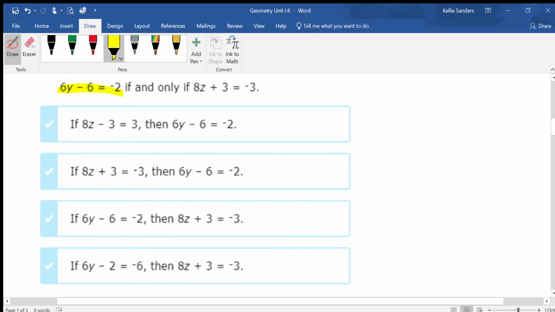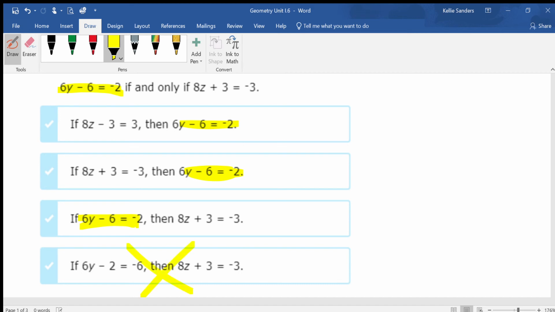You're looking for 6y minus 6 equals negative 2 with an if, and 6y minus 6 equals negative 2 with a then. Okay, so this one is out because this is not a negative 2 right there. They kind of switch those numbers. It's not exactly what this says, so this one is out.